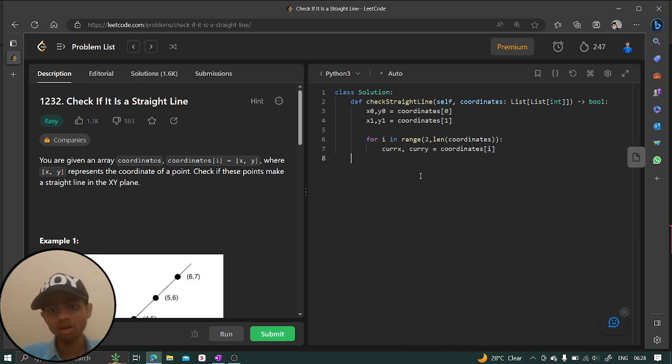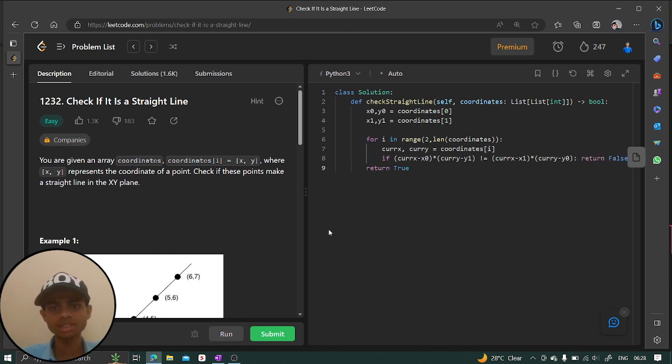Once we are done with this, we check this expression: if current x minus x0 multiplied by current y minus y1 is equal to current x minus x1 multiplied by current y minus y0, then fine. But if it is not equal, we can directly return false. Otherwise, we return true.